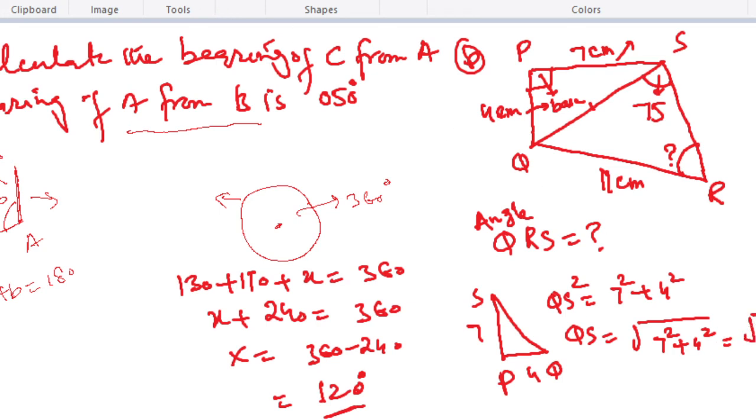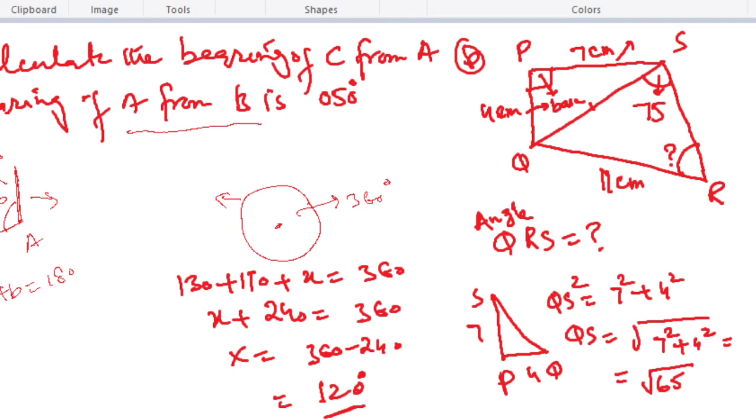We don't have space, so we are writing it here. This is the square root of 65. Now let's get the result.